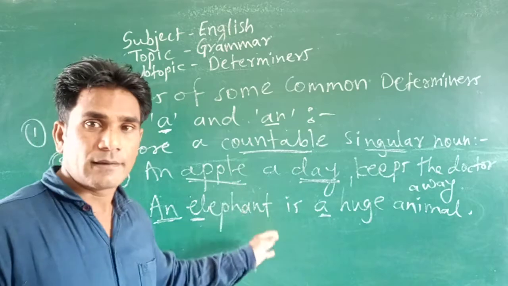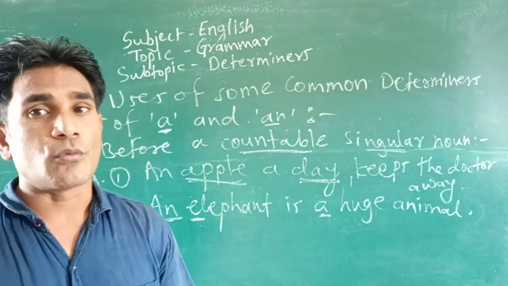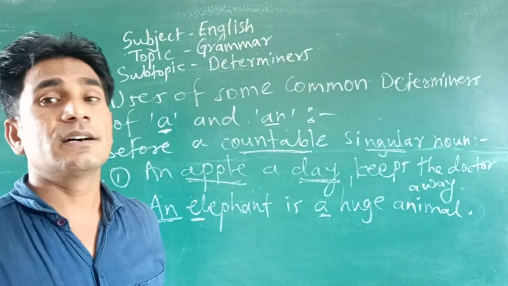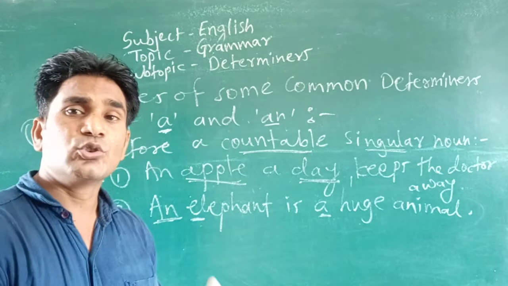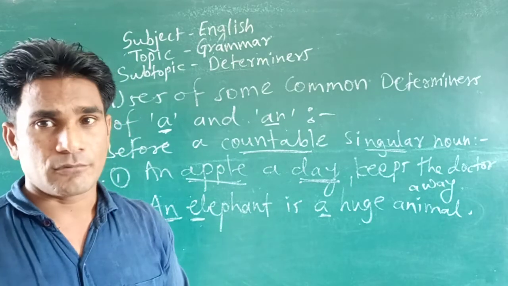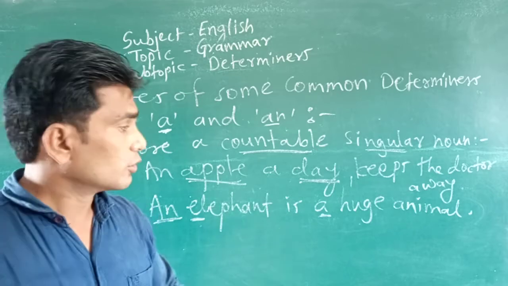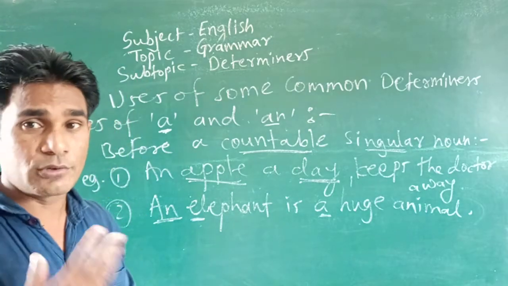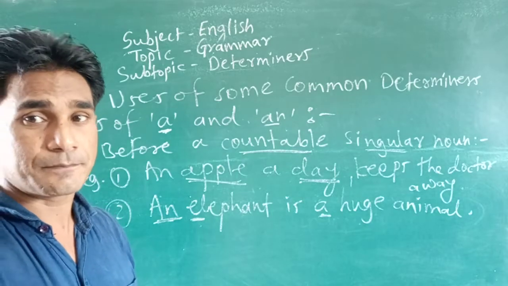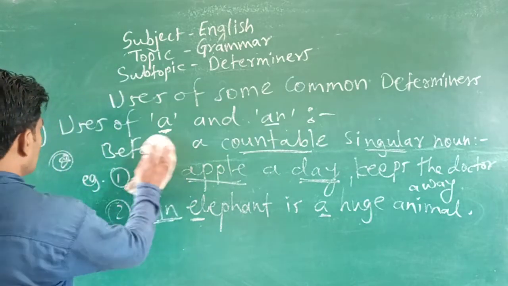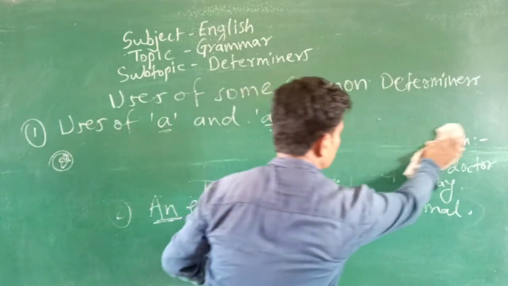First of all, do understand this, and now we are going to see the difference between the use of a and an. So do write fast this one. Now we are going to see the difference between both. So the difference between both is what?